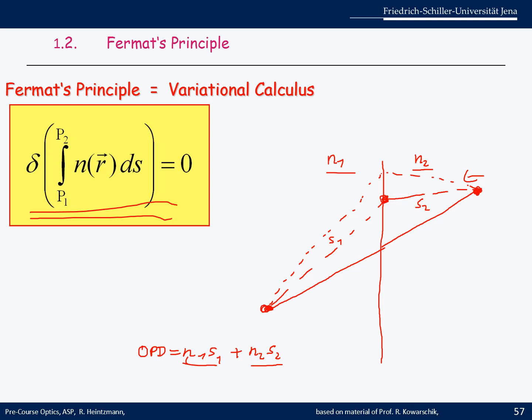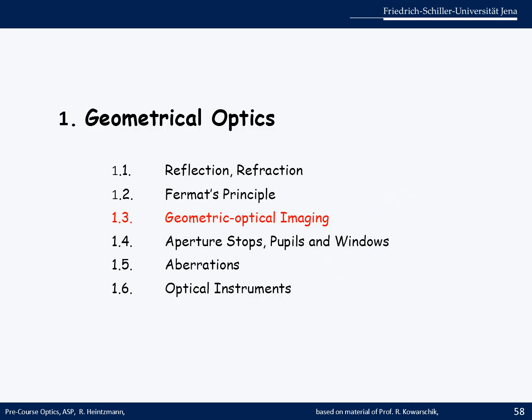That has the disadvantage that you would have to swim quite a lot, and you can run a lot faster. So you could also run to some point somewhere here, so that the distance of swimming is the shortest. But then the question is, what is the best thing to do? The best is also to minimize the optical path, because that takes the shortest time to get from here to here. If you really go through the math and work all of this out, surprise, surprise, what you will get is actually Snell's law.